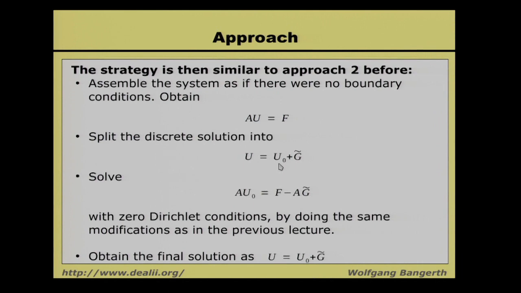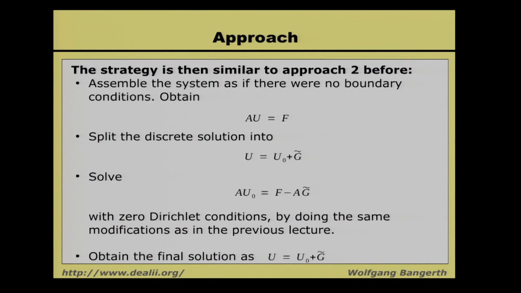So then I'm going to take this decomposition and put it in here. So I get AU0 equals F minus A G tilde. And this is now a problem that requires me to solve something with 0 directly boundary conditions, or 0 strong boundary conditions. Well, I've shown you in the last lecture how we actually deal with this. This turns out to be a pretty simple problem.